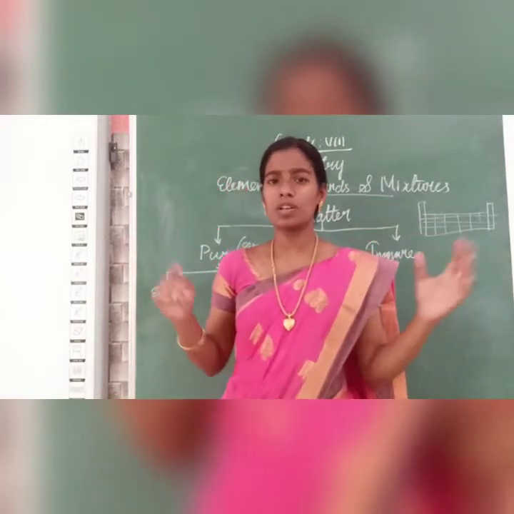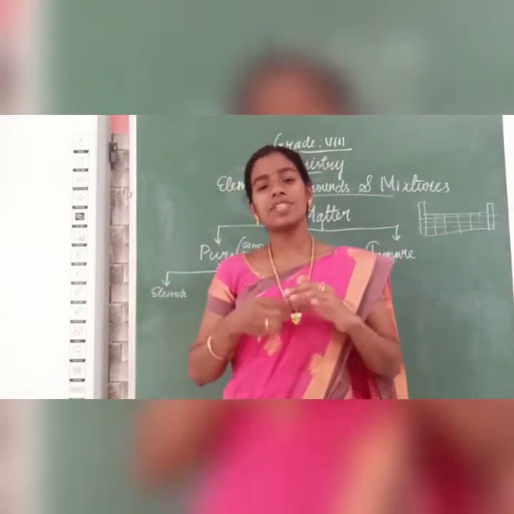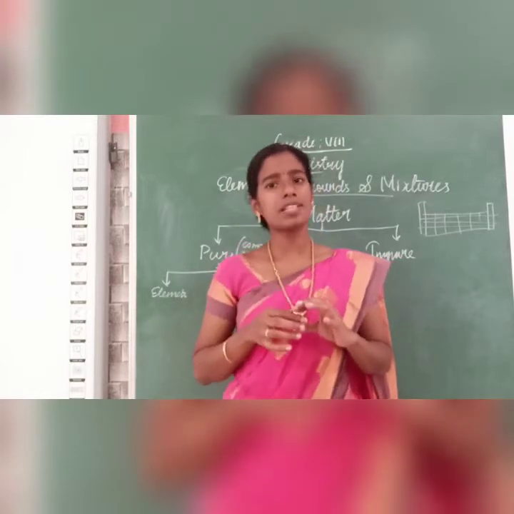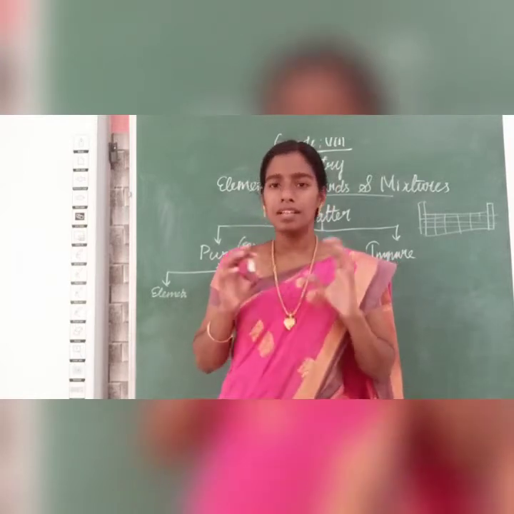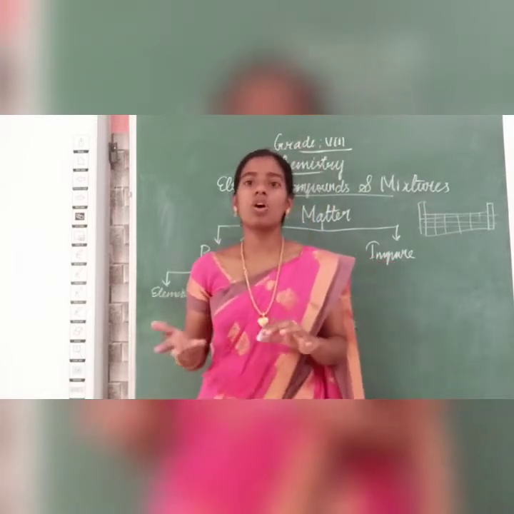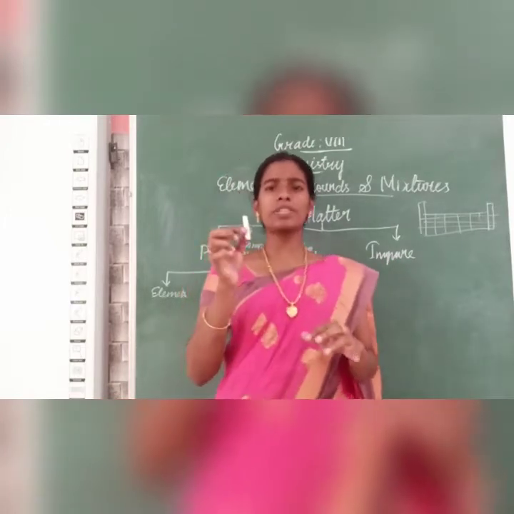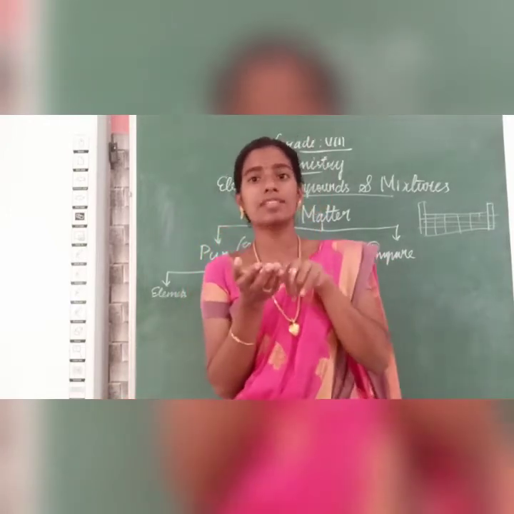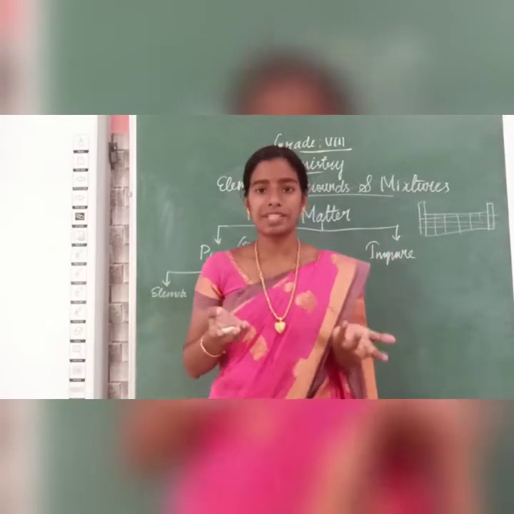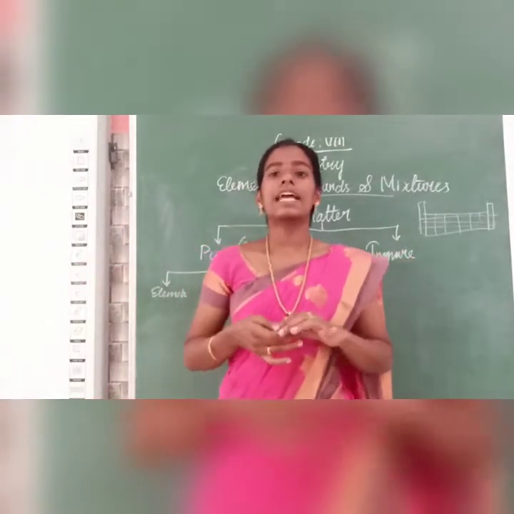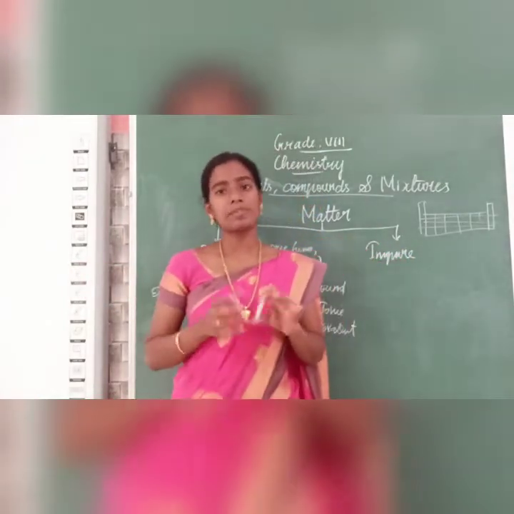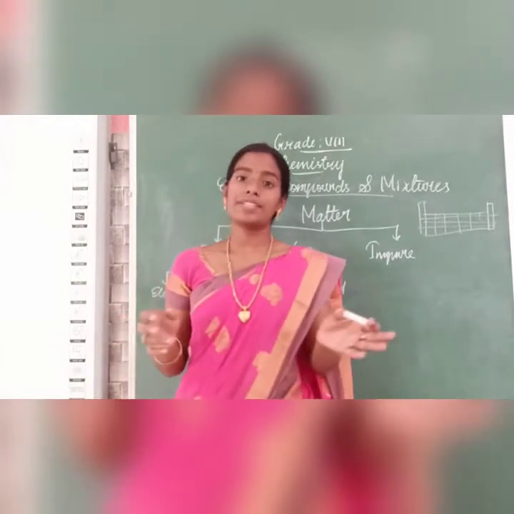All we see around, what are the things we see around which have some mass and occupy some space, is called matter. Anything, this chalk piece has some mass and it is occupying some space. It is called matter. Anything that has some mass and occupies some space is called matter.